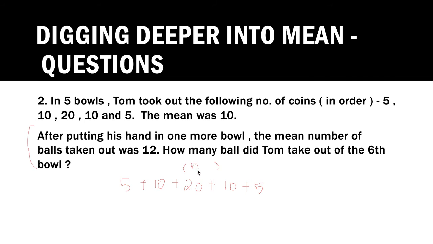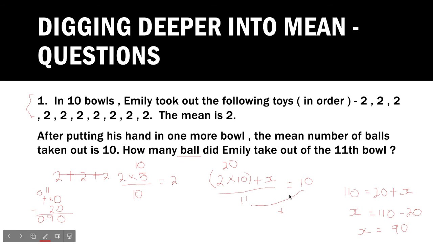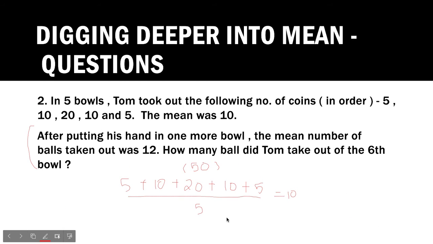So it's the same as 50. You could just directly write 50 if you really want, but this is a better way to understand it. Divided by, there are 5 balls, so you do divided by 5, and it says the mean is 10. So again, like the previous question, you do multiplication. Like 11 times 10, you do 5 times 10. So 5 times 10 is 50.